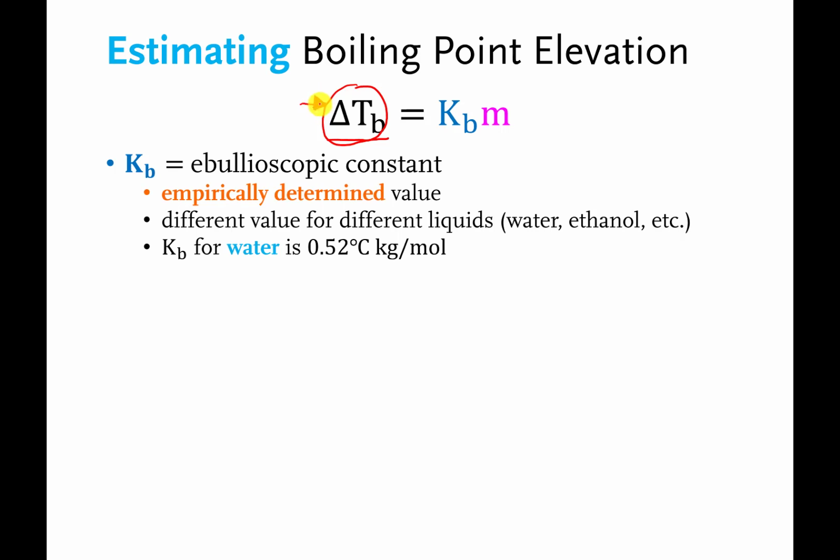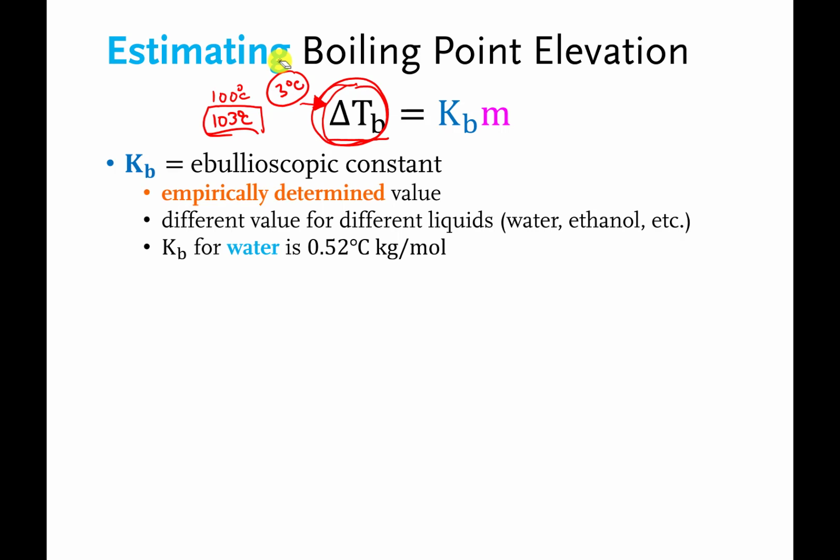So if the boiling point of pure water is 100 degrees Celsius and I throw a certain amount of table salt or a certain amount of sugar into the pure water, the boiling point is going to go up, and let's say that it goes up to 103 degrees Celsius, then the boiling point elevation number would be 3 degrees Celsius for the amount of stuff that I dissolved in the water.